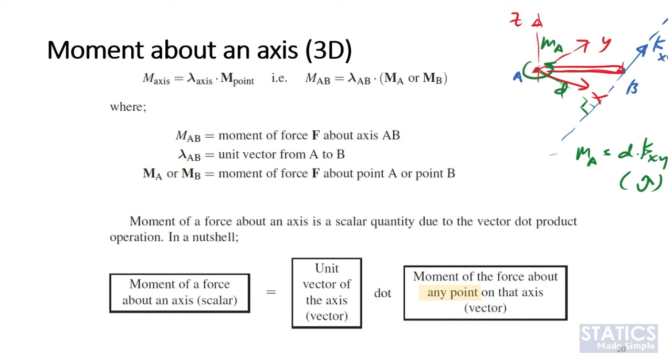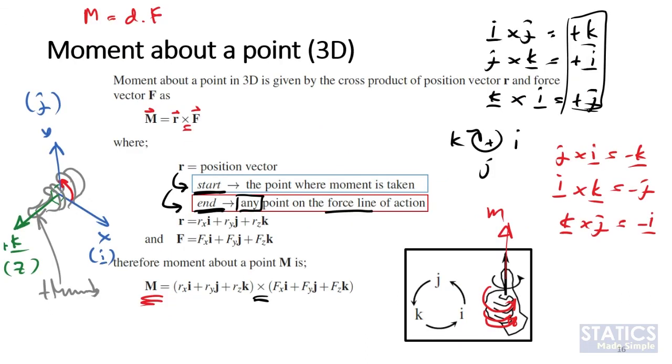Right. Moment about a point, this guy, is a vector quantity. All right. Moment about point is a vector. So basically, moment will have a component along i, j, and k.